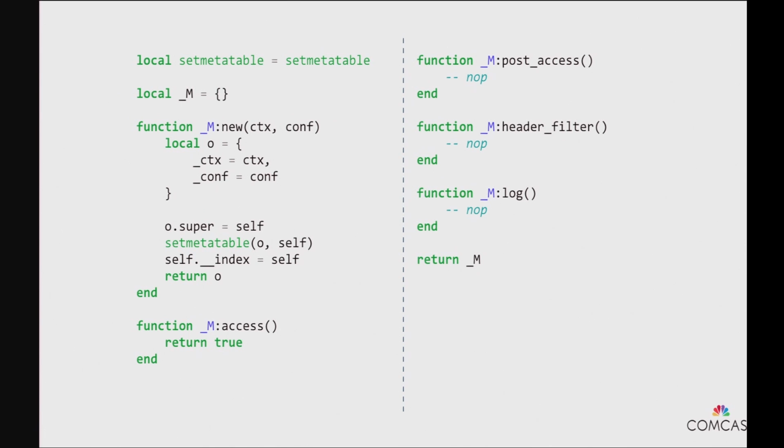In this case, we have the access phase. We have a post-access phase that isn't actually a callback from nginx, but that we call after it says, yeah, you can go ahead and process this request. So if they need to, this is, for instance, used by the request tweaker that adds headers or query parameters or whatever. And then there's the header filter and the log.